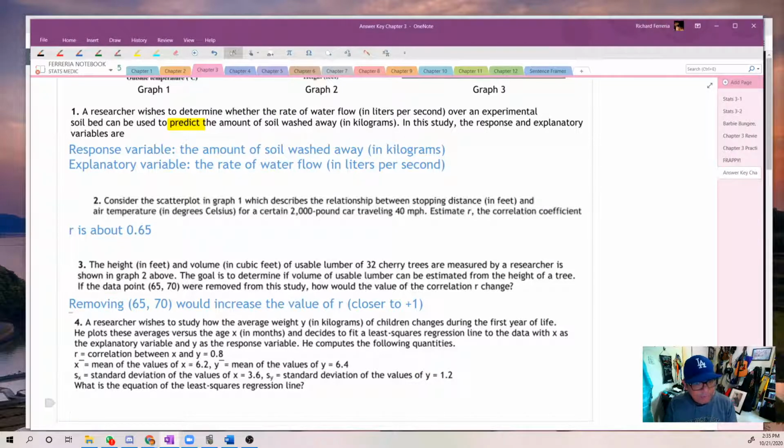He computes the following quantities. r is 0.8, x bar is 6.2, y bar is 6.4. We've got a value for sx and a value for sy. And so we want the equation of the least squares regression line.